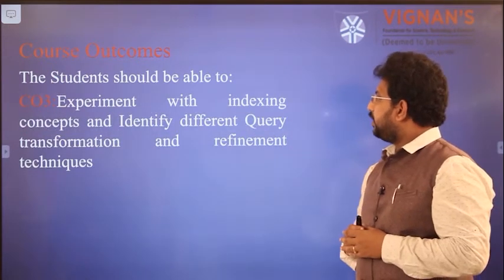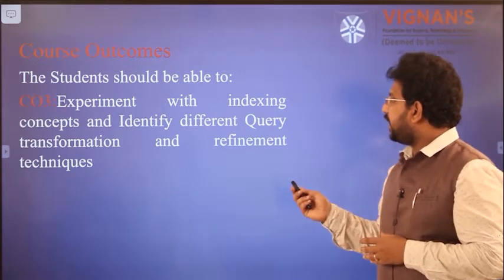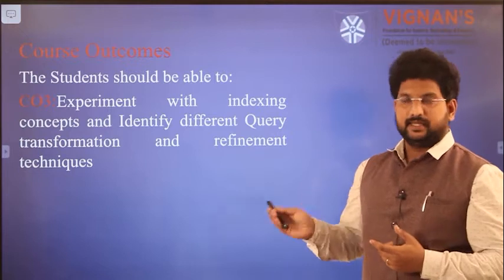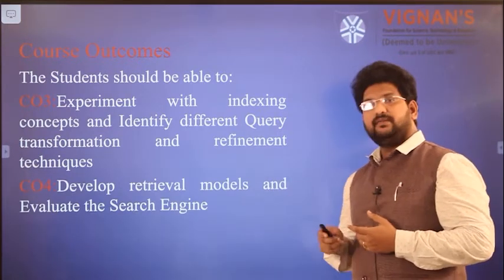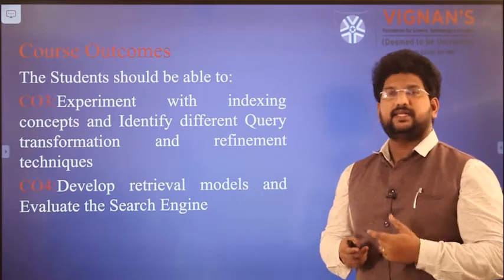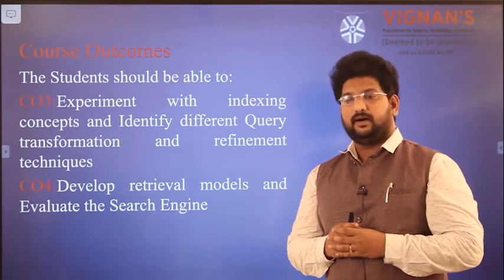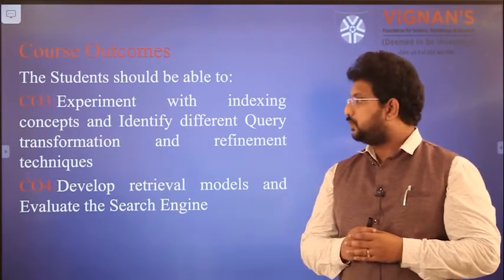CO3, experiment with indexing concepts and identify query transformation and refinement techniques. CO4, develop retrieval models and evaluate search engines. These four outcomes should be reached by all students after successful completion of this course.